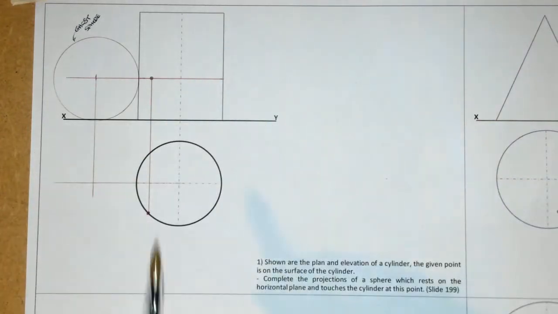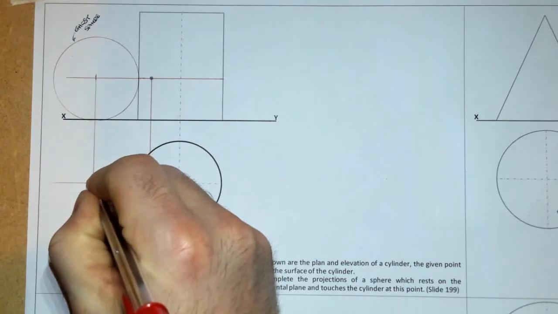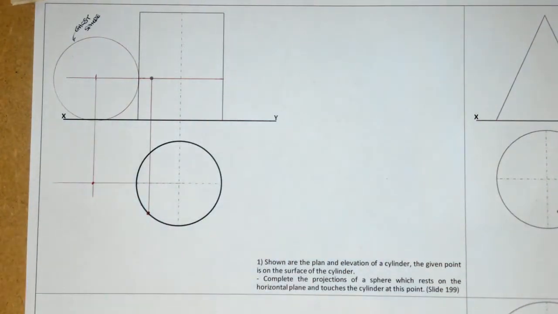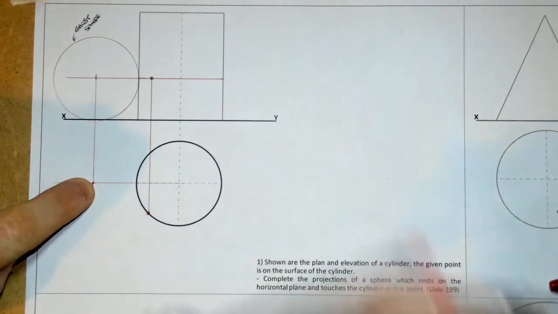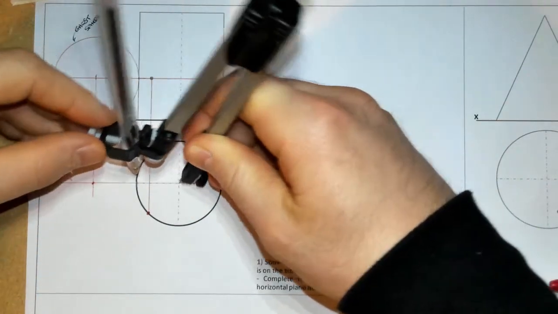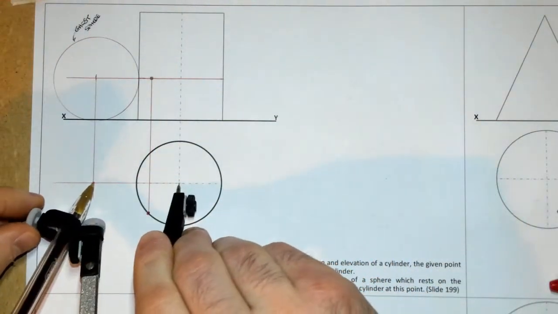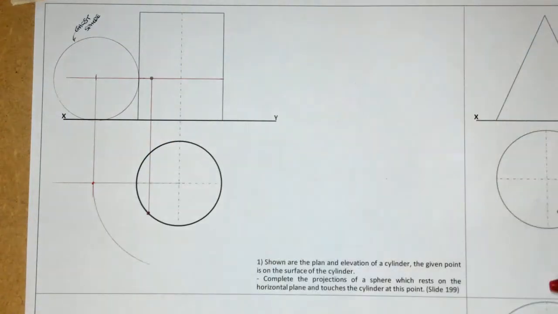I have extended out the axis of the cylinder there, and now I've found the position of the ghost sphere when it's in this position here. This time I'm not going to actually draw in that ghost sphere because it's not what I really need. But what I am going to do is rotate the ghost sphere center about my cylinder. Using the center point of the cylinder, I'm going to rotate it around there.